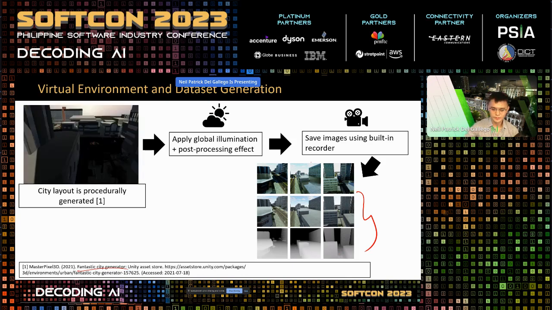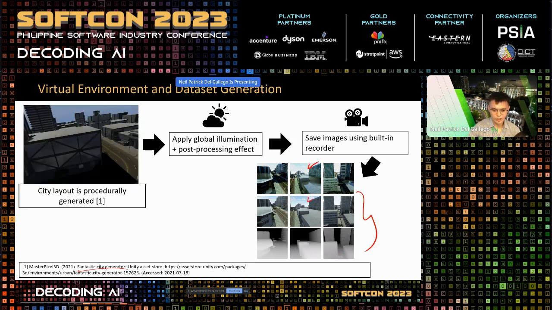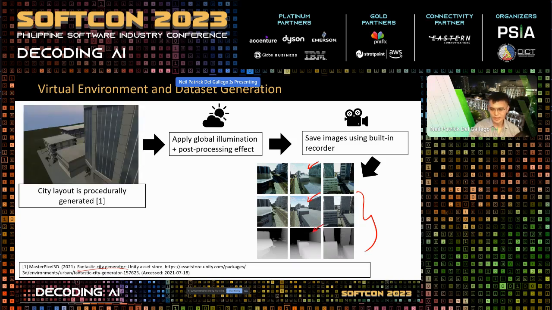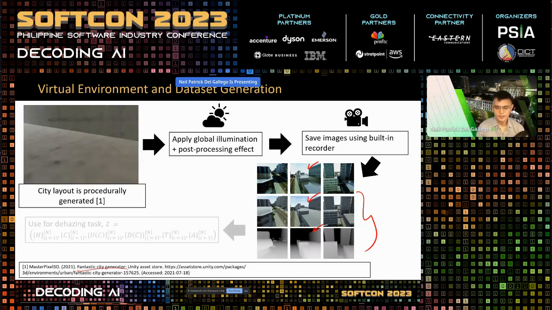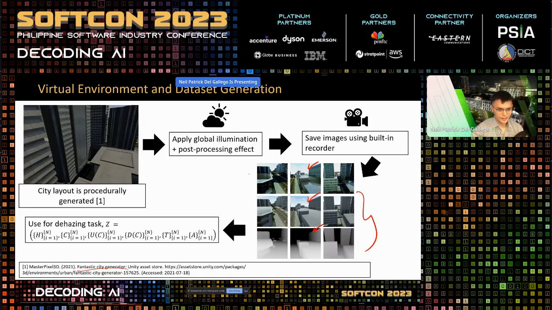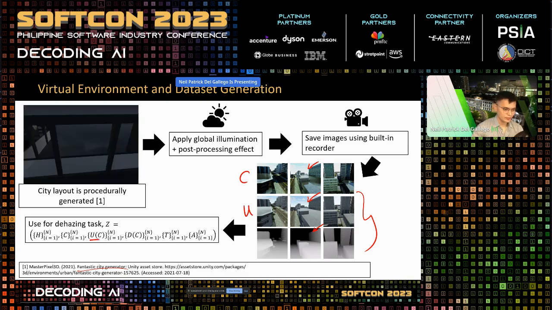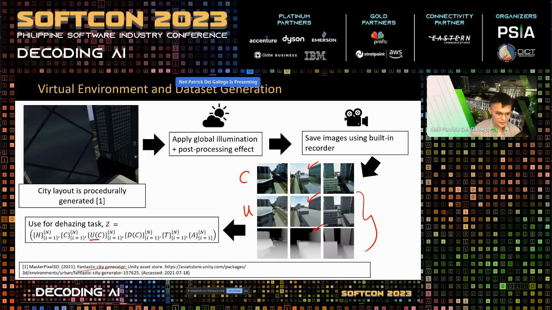So we have yung synthetic na ayan, and then this one, and then ito yung depth. Okay, may corresponding depth maps. And then we use it for the dehazing task. So basically, ito yung clear image, letter C. Ito yung letter U. So I will expand ano yung letter U later.